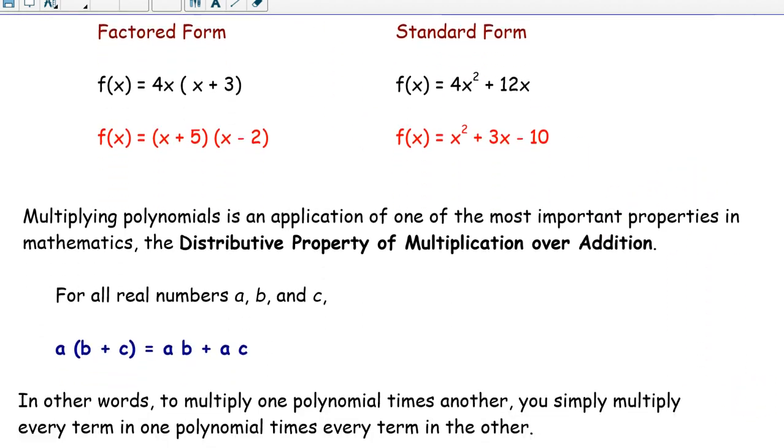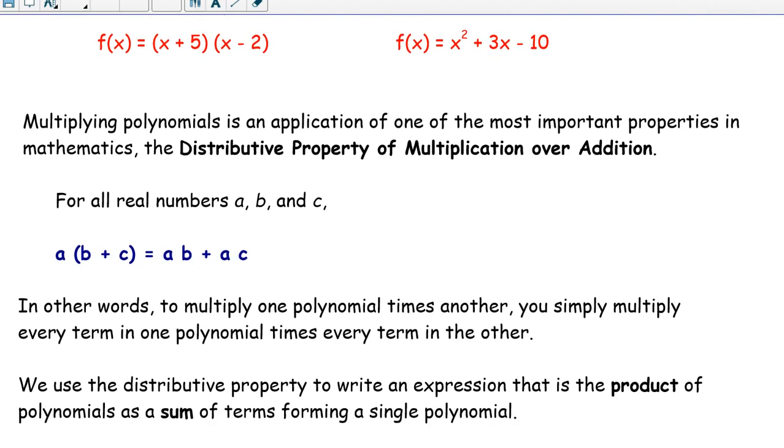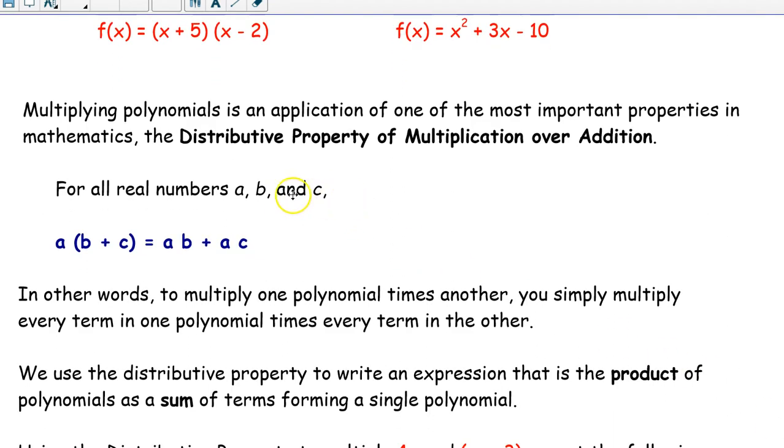We have for all real numbers a, b and c, a times b plus c is equal to ab plus ac. For example, if I have x multiplied with x plus 3, how do you do that? I take a times b, and then a times c.